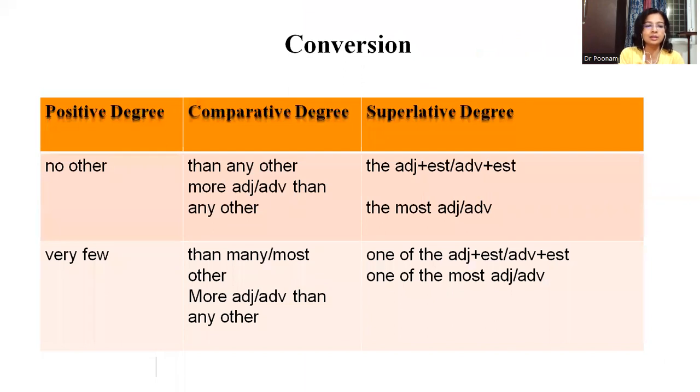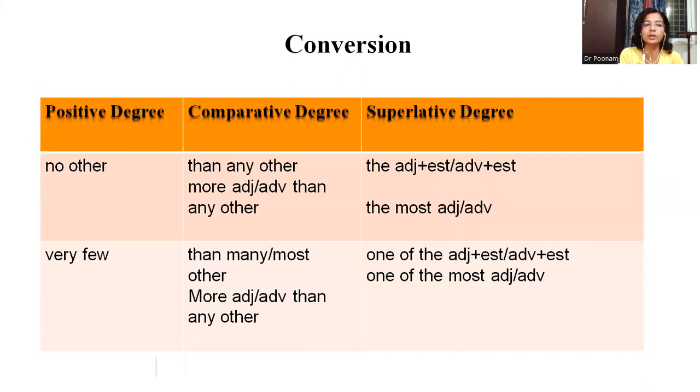Now here is a chart which will help you in conversion from one degree of comparison to another. If in the positive degree you see the words no other, then in comparative degree you are going to change it with the words than any other, or if you cannot add er to the adjective, then you are going to use more adjective than any other.